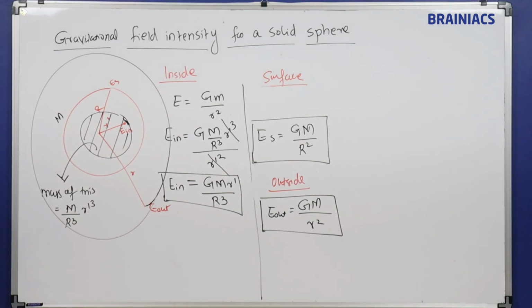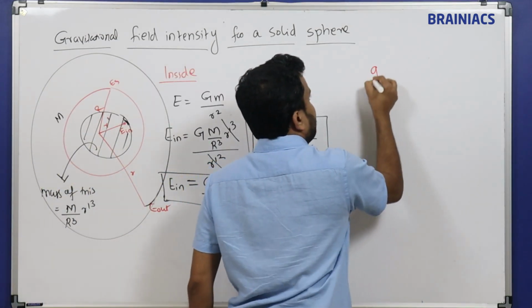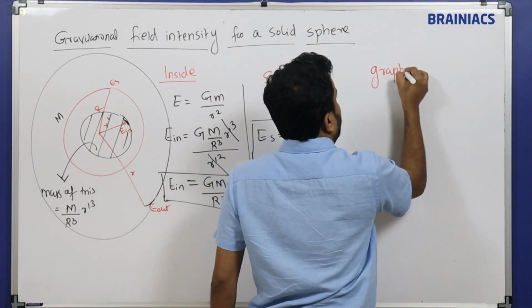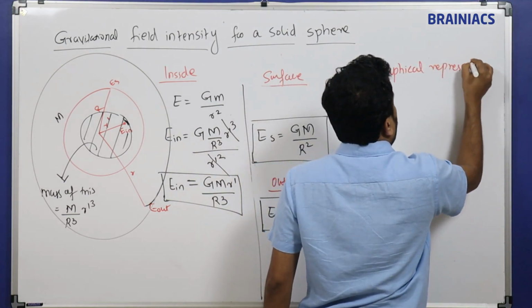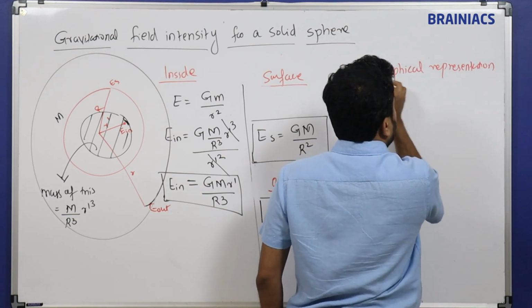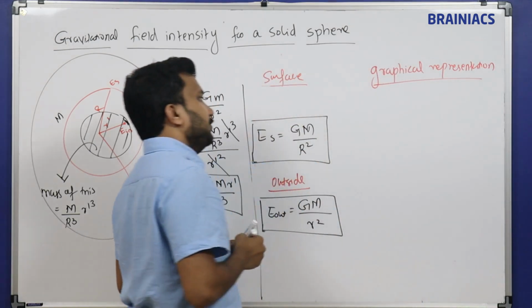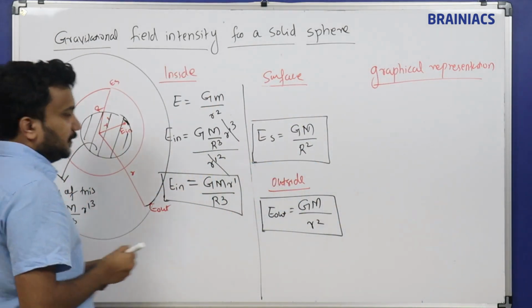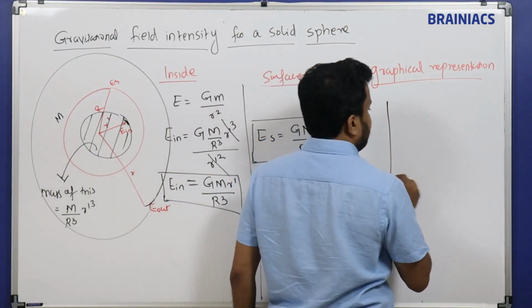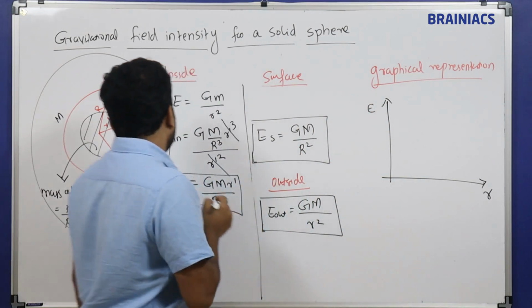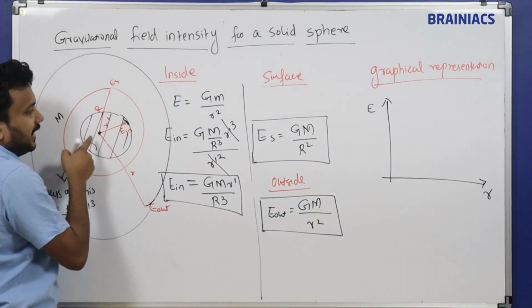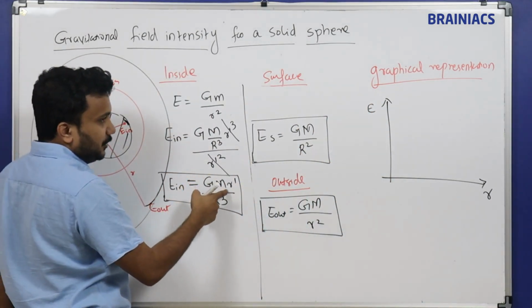Now we'll see the graphical representation. What is the graphical representation for this one? Inside, outside and surface, with respect to the distance r, E. When we are at the center, r dash will be equal to 0.